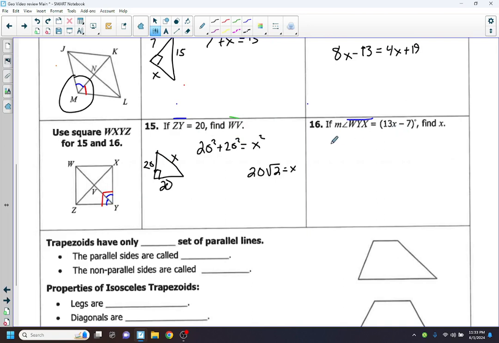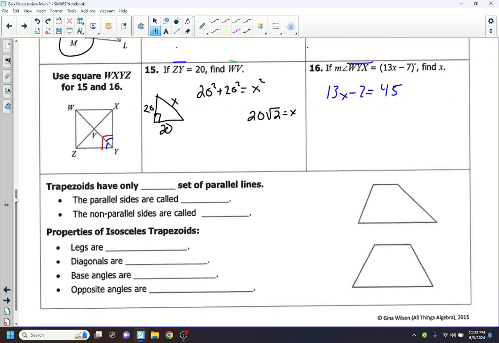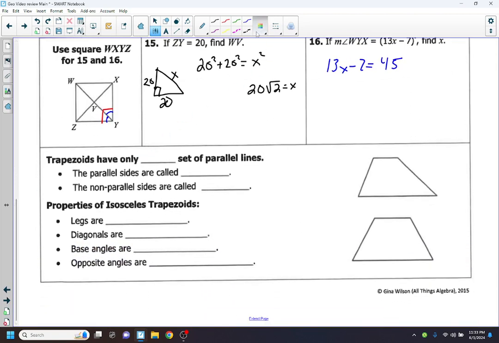Which means I know 13x minus 7 must equal half of 90 degrees, or 45. Good. All right. Again, I'm not really caring about the rules. Just know that parallel sides here, these are considered the bases, okay? So base 1, base 2.